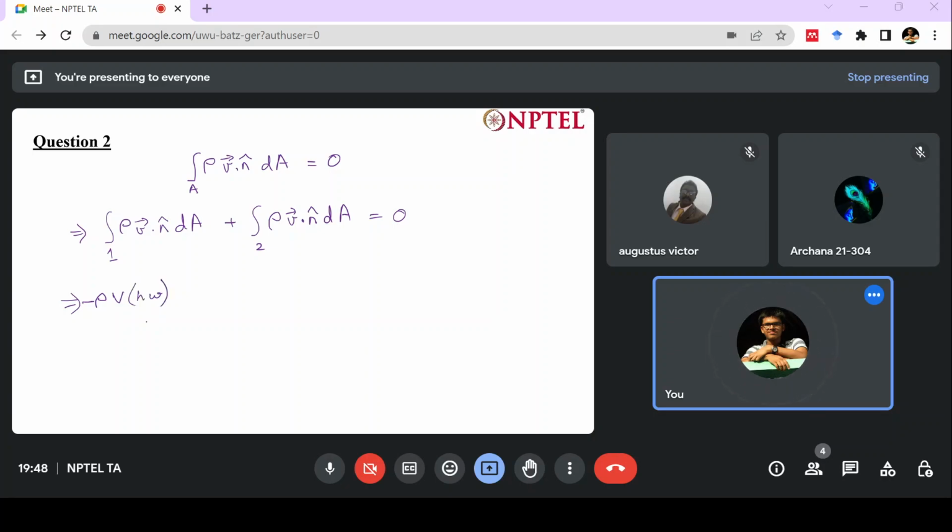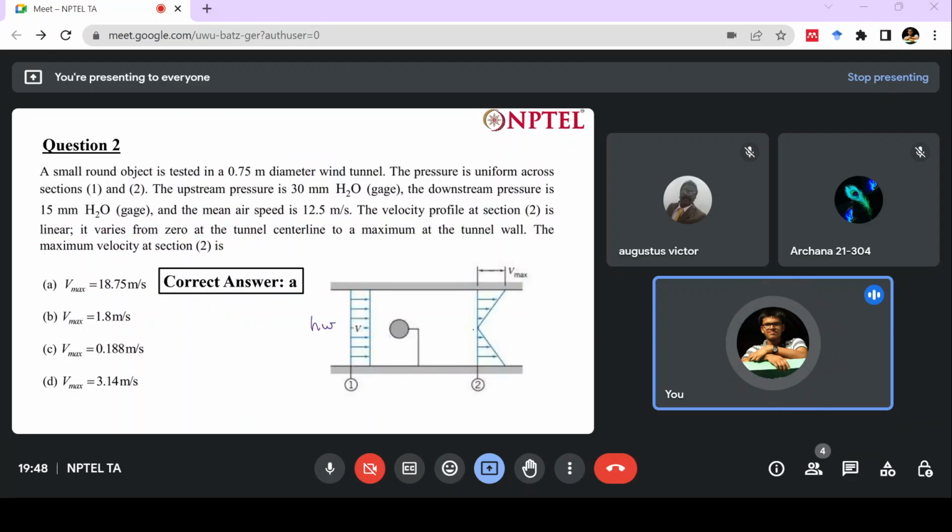For the second surface, we can take the rho out. We can also take our width out because we have assumed it as a 2D profile, so nothing is changing across my plane. Regarding the velocity, this is a linearly varying velocity which has a maximum at its edges, and at the center line the velocity becomes 0.